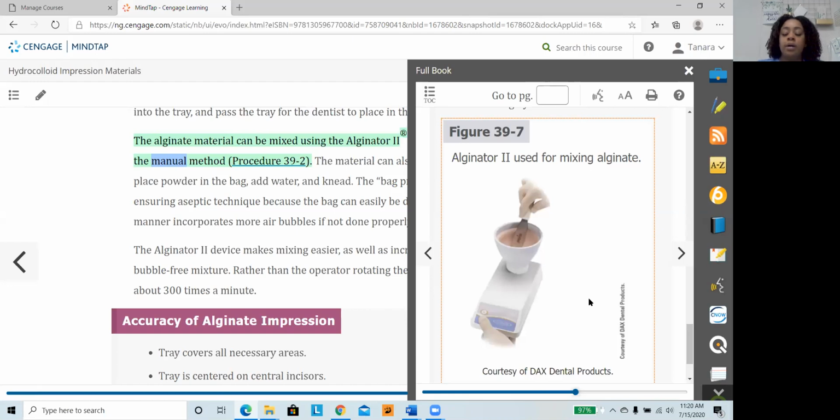So you have your flexible spatula, you have your flexible bowl, and here is that amalgamator mixer. It's not necessarily mixing, it's a vibrator, and it pretty much helps you mix it properly as opposed to doing it by hand. It does show you those techniques on page 922, how the Alginator 2 is used and how it's actually mixing the alginate.